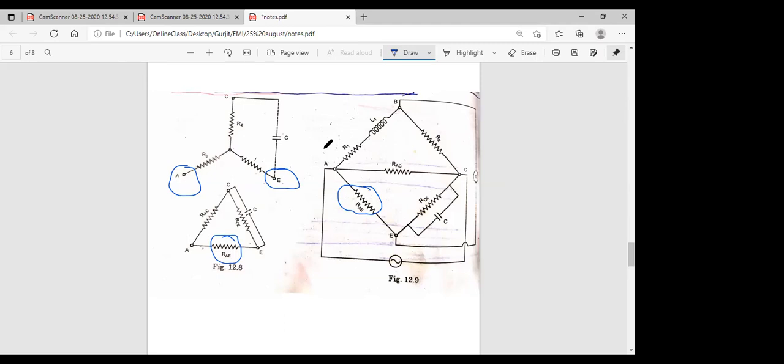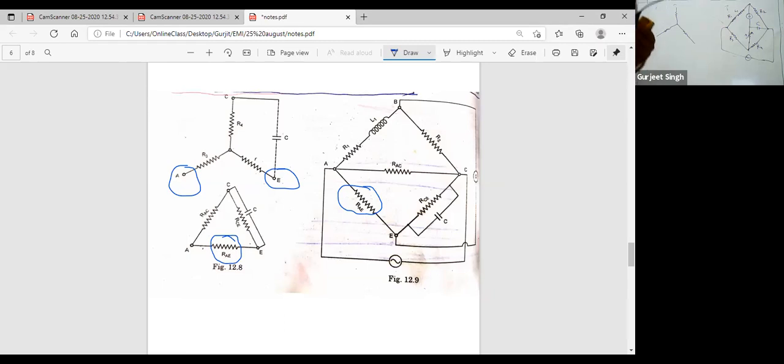This is our resistance R3, then we have an R4 resistance. So kindly see this diagram. This is R3, this is small r, this is R4. This is our connection. Here we have a capacitor. So this is our star connection.